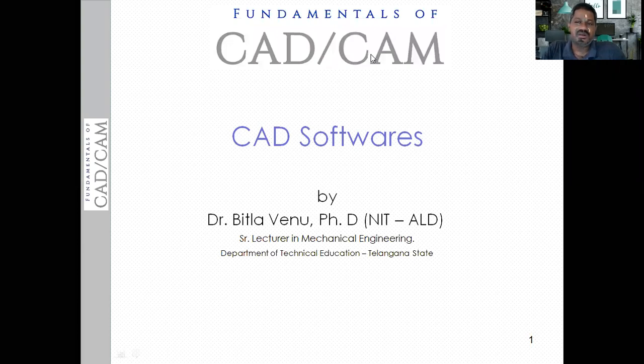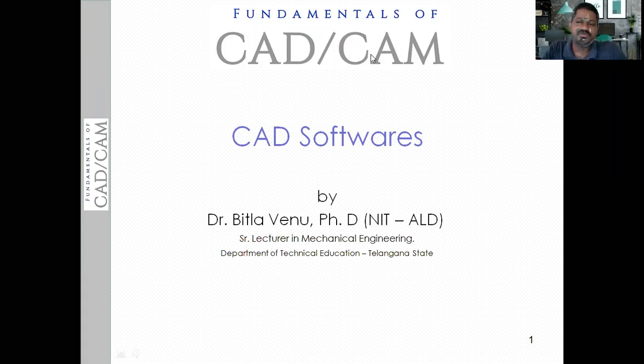Assume that your objective is to design a coupling. Based on your required calculations, you need to analyze whether, while transmitting the required power, that coupling is going to sustain it or whether it is going to fail. That is the analysis part.